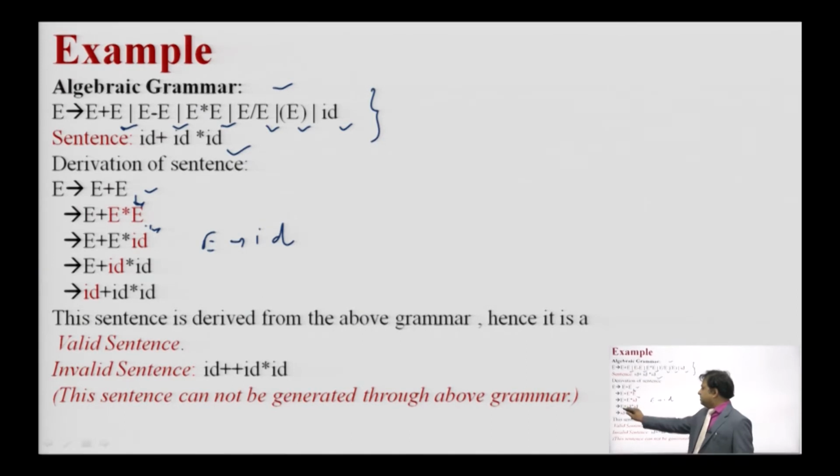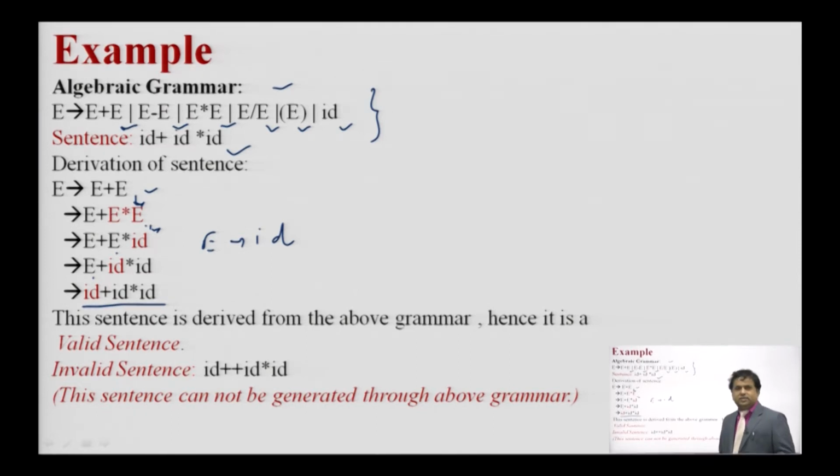In the next sentence this E is replaced again by ID, and in the last sentence E is replaced by ID. So, what we see here is that the sentence can be derived with the help of this grammar.